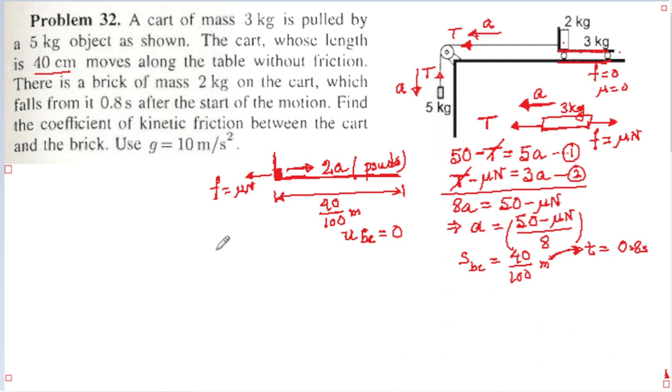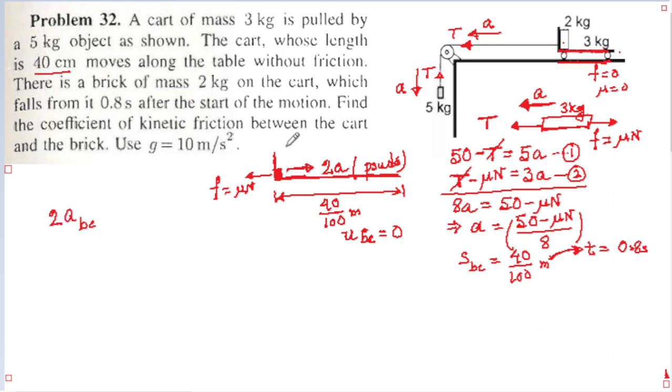Now we can write the laws of motion equation for the brick, with the acceleration of the brick with respect to the cart, a_bc, multiplied by its mass 2.